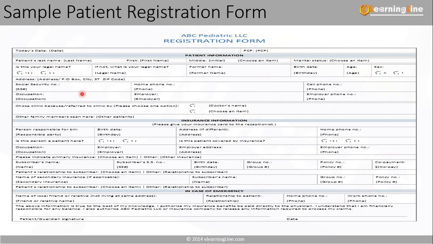Then you have the patient social security number, and this all comes under personal info, which is demographics. Choose clinic, referral to clinic by, doctor name, and choose an item. These are the kind of forms you can Google and find plenty of patient registration forms. If needed, you may be able to see a sample of this patient registration form as part of the data also.